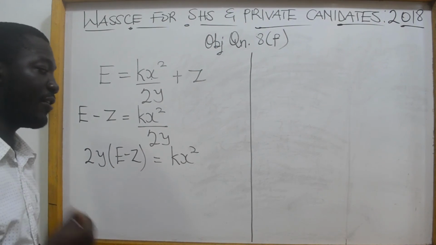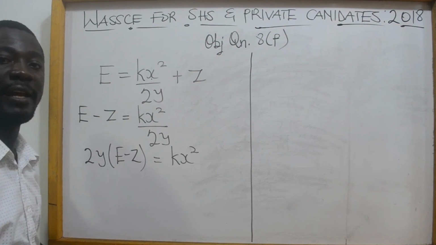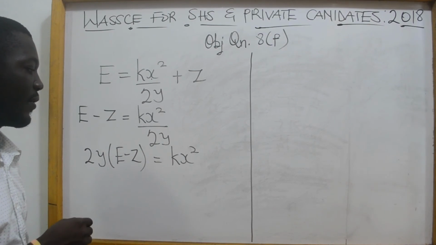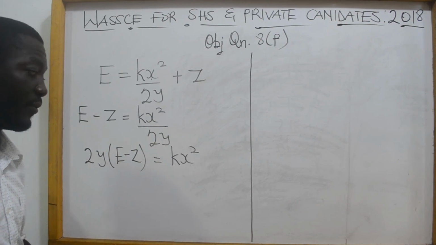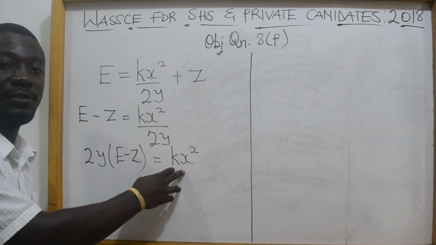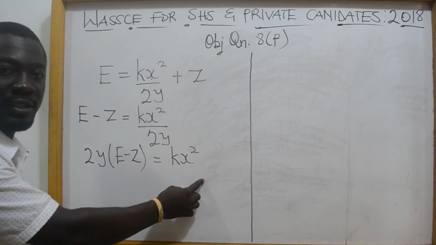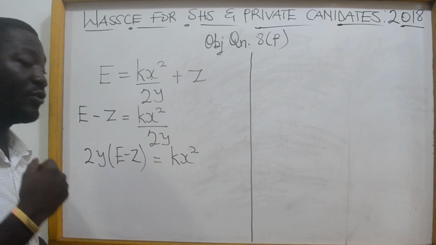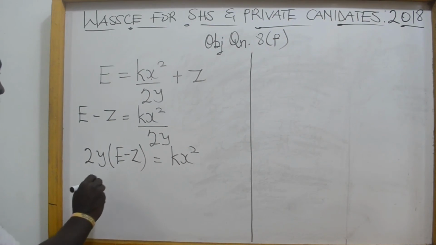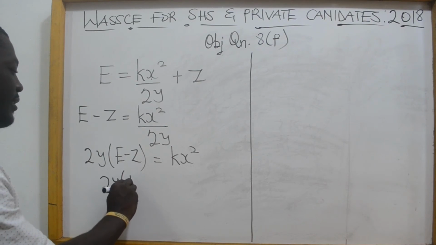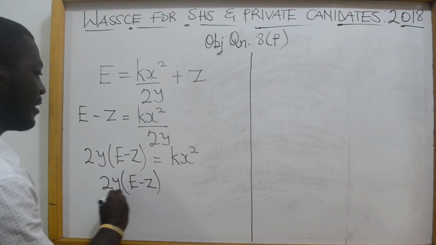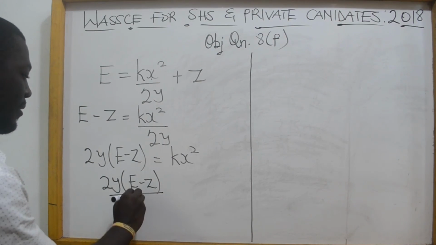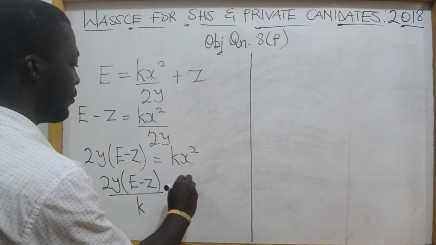There is another variable multiplying the x squared, which is k. With the help of cross multiplication, we can also transfer that one to the left hand side. It is multiplying, so when it comes to the left hand side, it comes to divide. We are going to get 2y into brackets y minus z divided by k is equal to x squared.